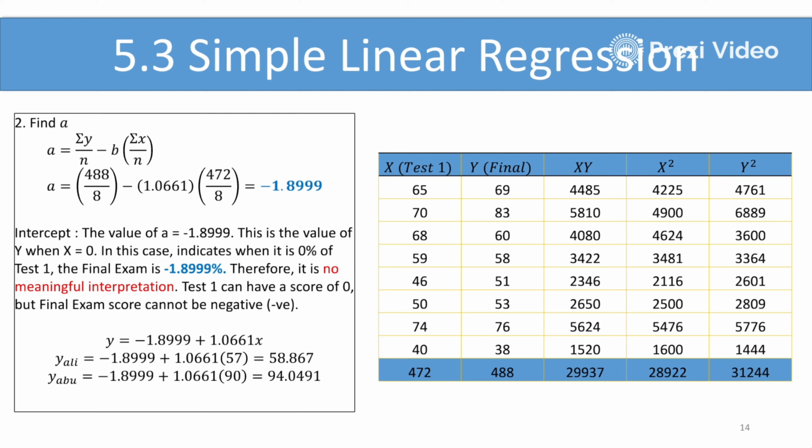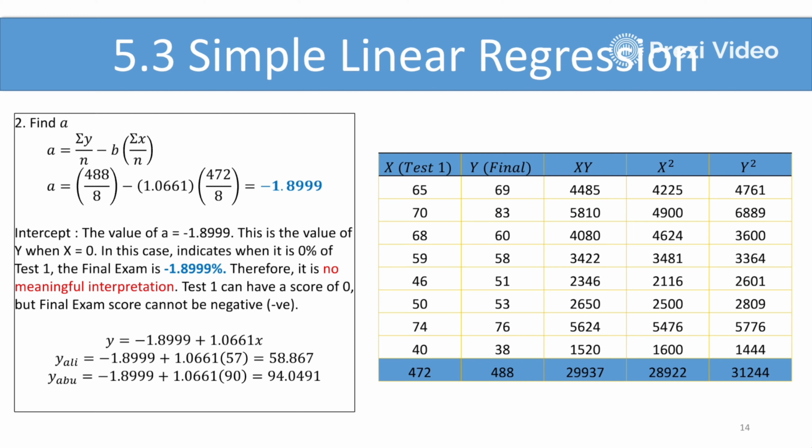And the favorite question in the final is they will ask you what would be the score, the final score for Ali if he obtained 57% in his test 1. So dia suka tanya macam tu. So bila tanya macam tu, student just ganti sahaja nilai 57 pada nilai X. Sebab kita tahu test 1 adalah nilai X independent variable.